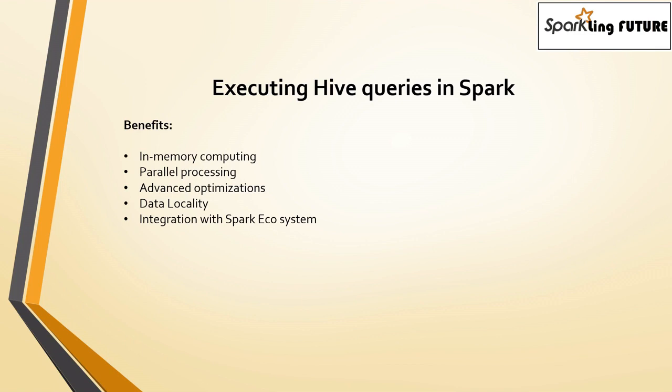And also we have the data locality concept in Spark. Spark's data-aware scheduling can leverage data locality information to schedule tasks closer to the data they need to process. This minimizes the network overhead and improves performance by reducing data movement across the cluster.